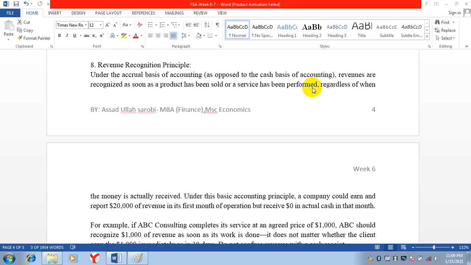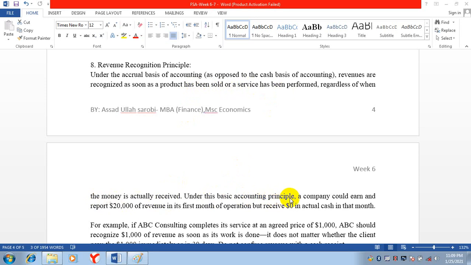Revenue will be recognized when the product is sold and ownership is transferred and services have been performed, regardless of when the money is actually received. We are not concerned with when we will receive the money.